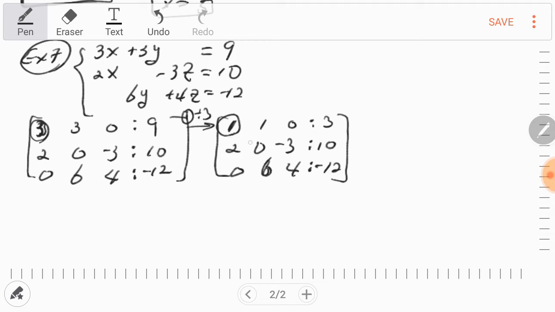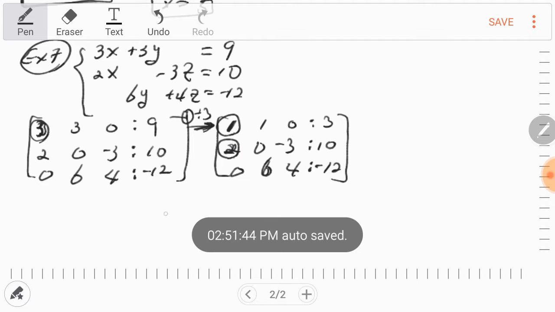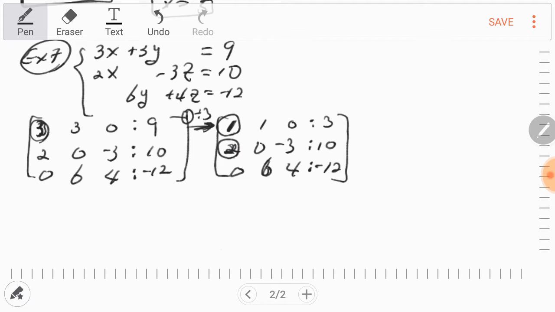And then we will remove 2 from the second row using the first row. So we can multiply the first row by negative 2 so that we can eliminate this 2 in the second row.